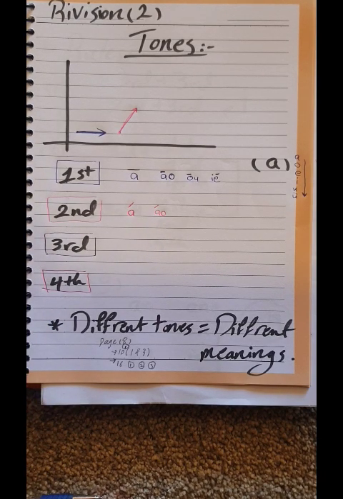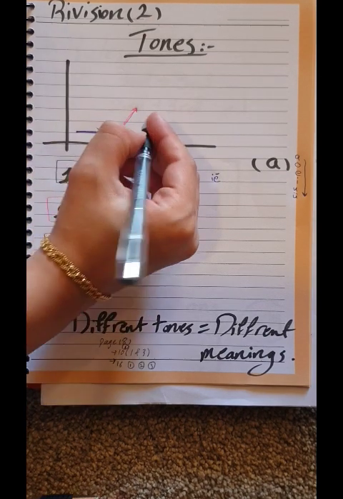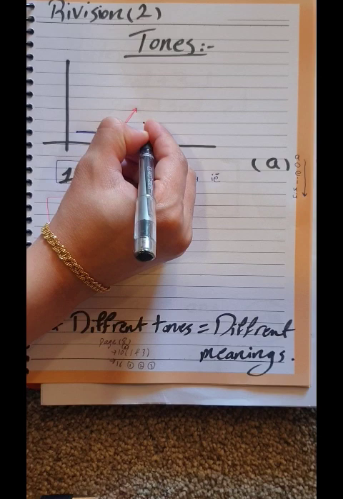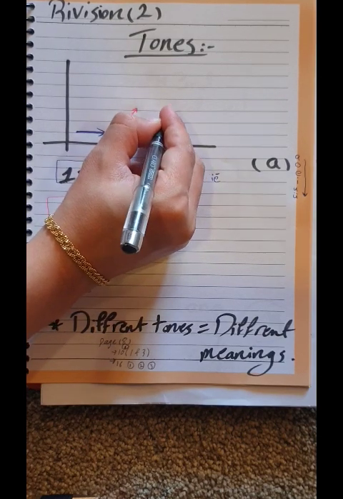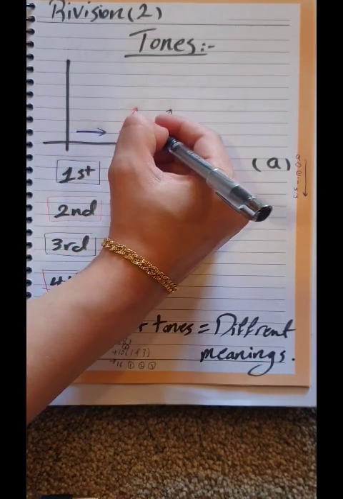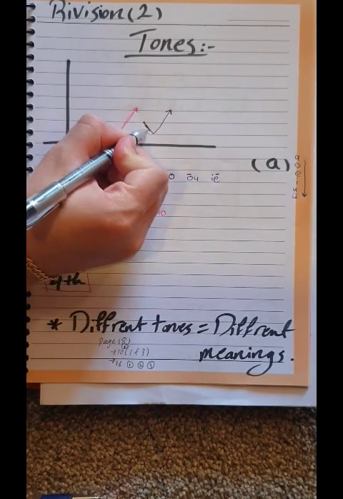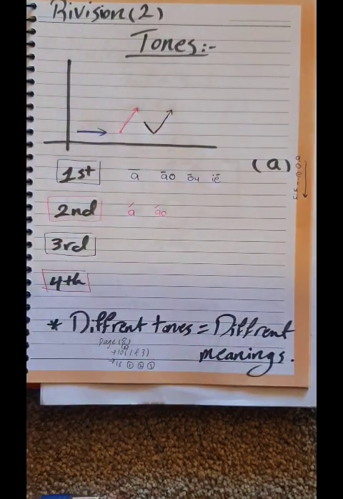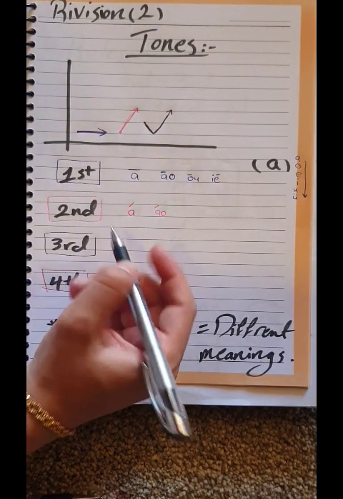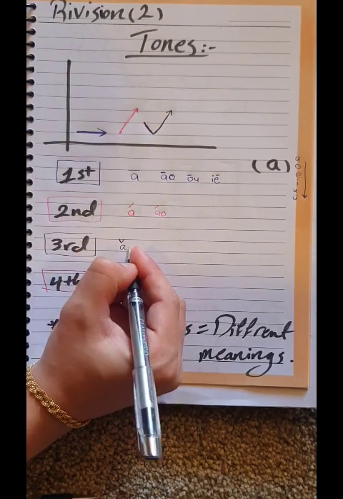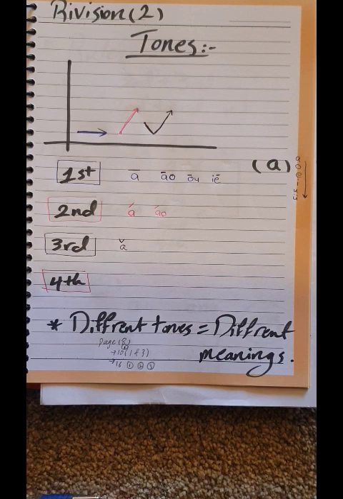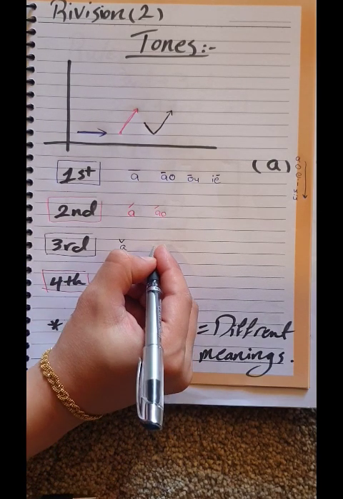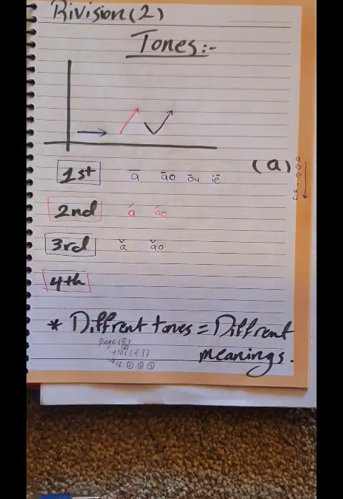Okay, going to the third tone in black. Third tone, guys, you go from up to down to up. So you start from here, going down, then you go up with your voice. ǎ, ǒ, ǎo.